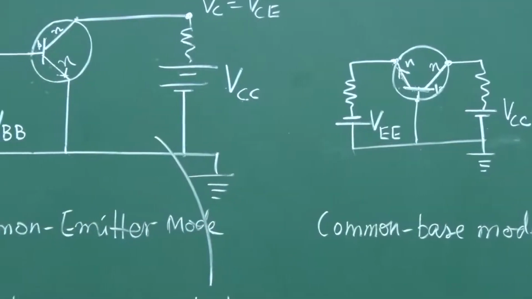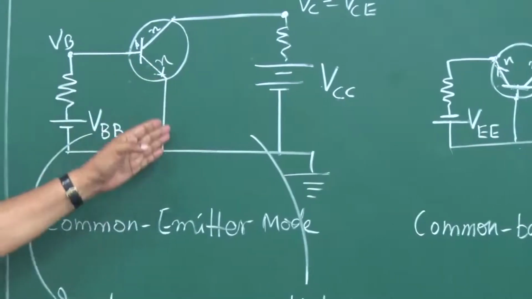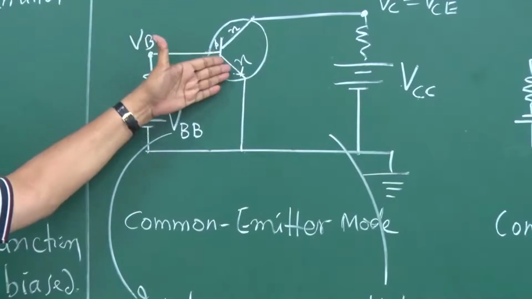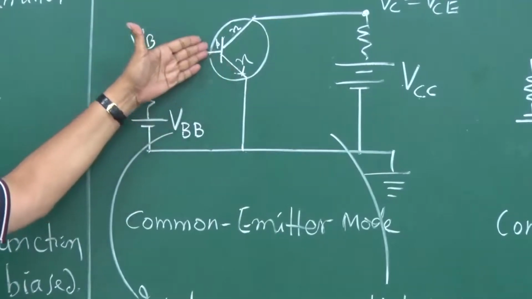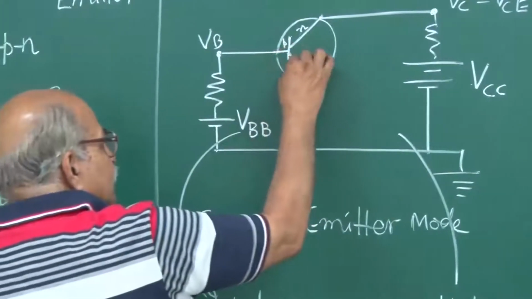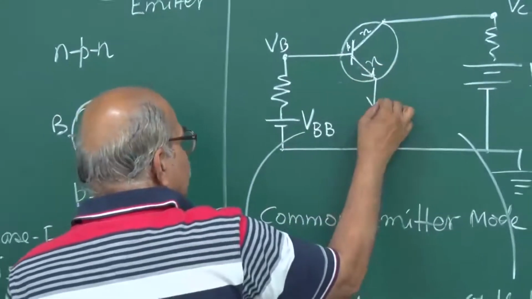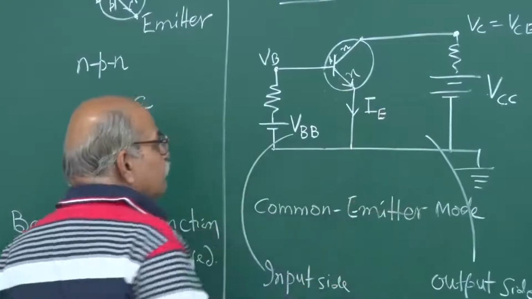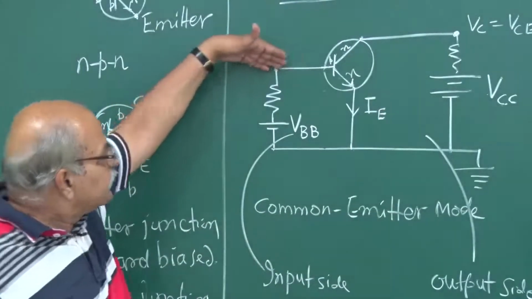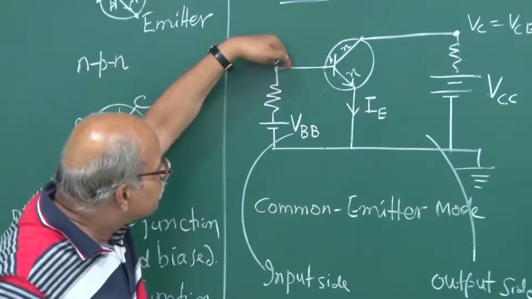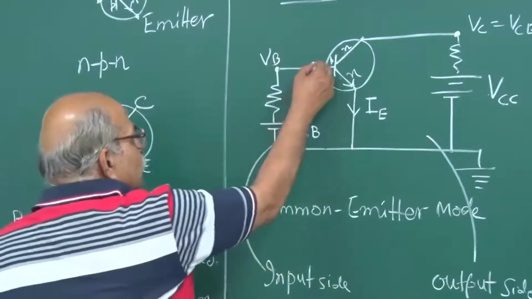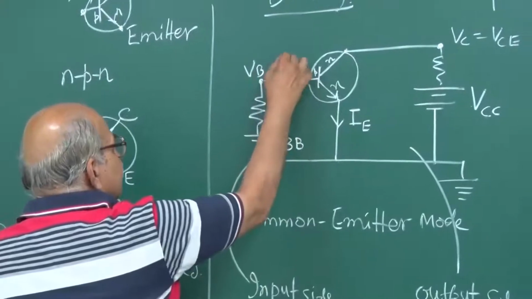Then current. Since it is forward biased, you will have a current, and that current will go from P to N. If the current is going like this, this current has to go through this. Now this current is written as IE. Then the current enters this PN junction, goes from P to N. So this current goes here, this is IB.